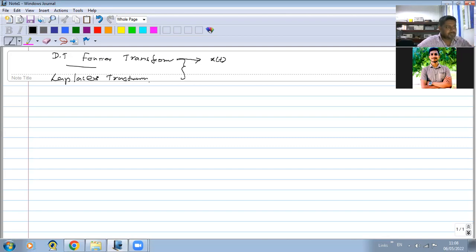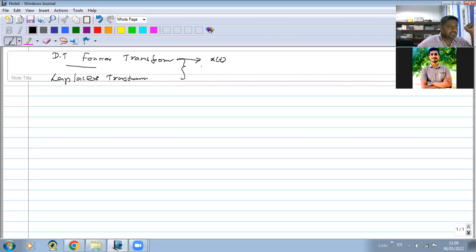We are mainly focusing on this type of signals, and most probably we like to represent our signal in the time domain. It is the normal practice to represent a signal in the time domain.